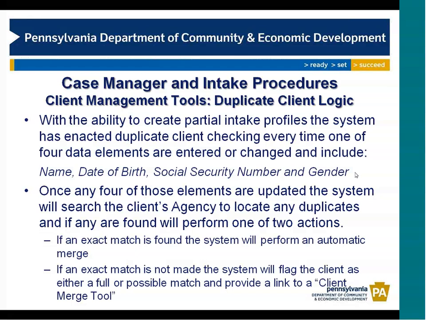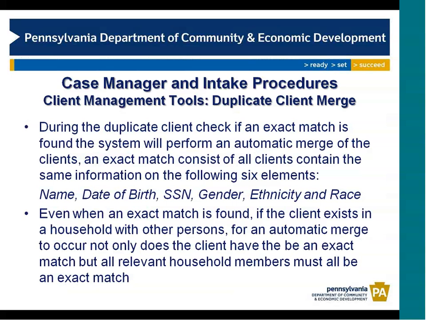Unless it's an automatic 100% match, which we'll go over in the next couple slides, it could flag it as a full match or an exact match, or as a possible match, and it'll flag the client as a duplicate and allow for additional client merging processes, and we'll talk about those in the next couple slides.